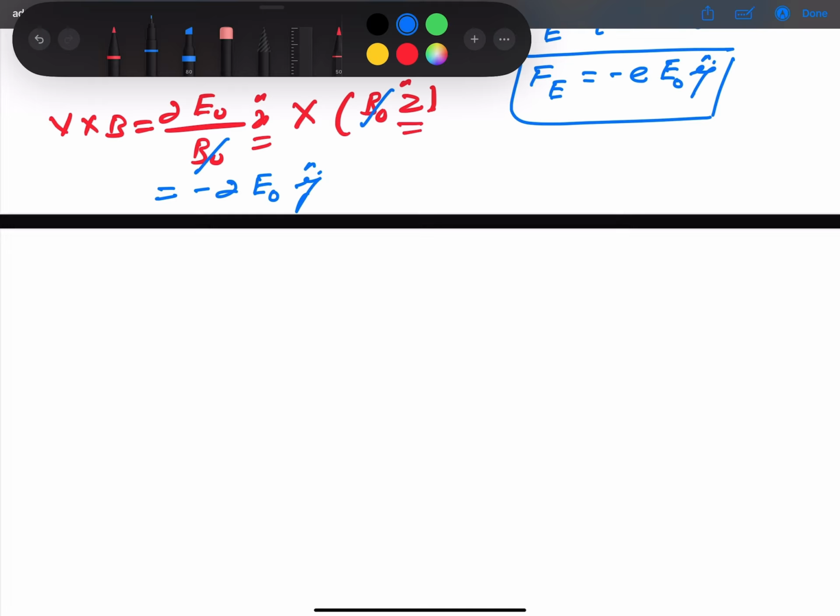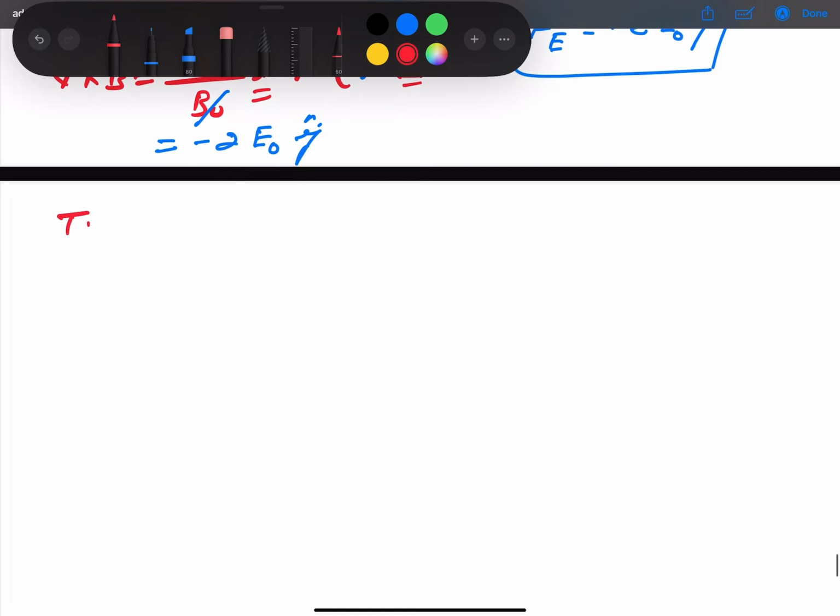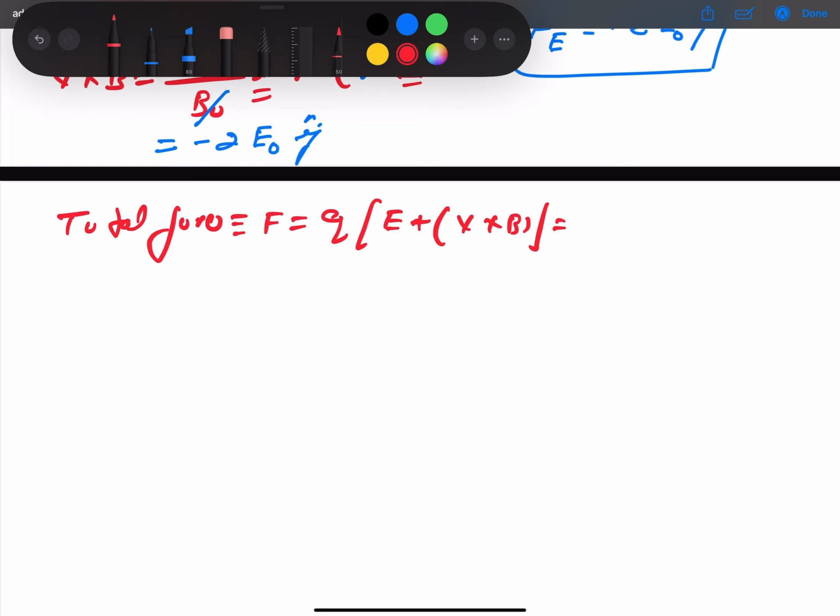So therefore the total force F will be equal to Q times the electric field plus V cross B. We already found the electric field term is minus E naught Y unit vector, and this is minus 2 E naught Y unit vector.